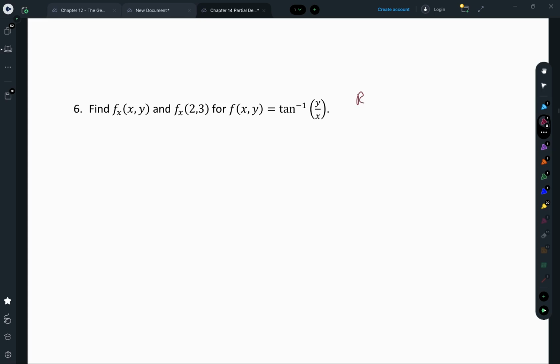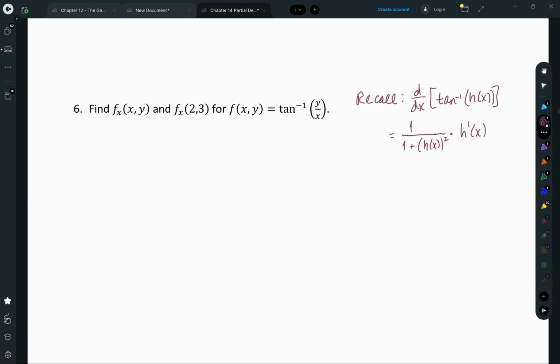So I want us to recall first that d dx of tan inverse of h of x, so any function that's in there, will be equal to 1 over 1 plus h of x all squared, and then times h prime of x. Okay? So with that, I should be able to apply this to our problem in the multivariate case and see how that all works out.